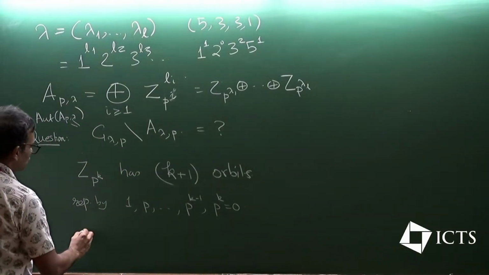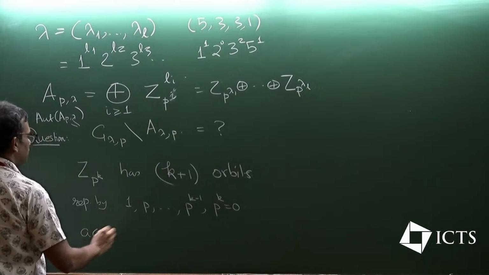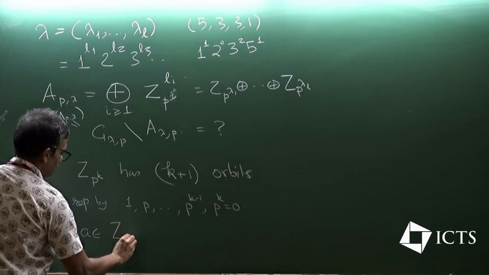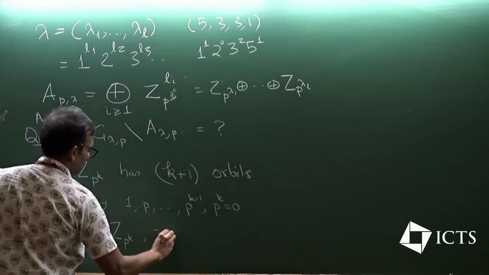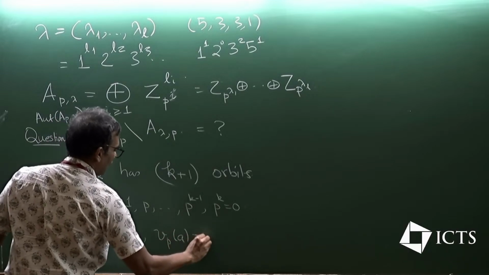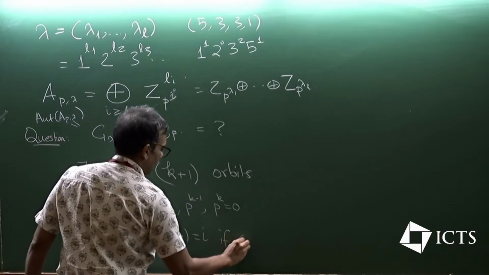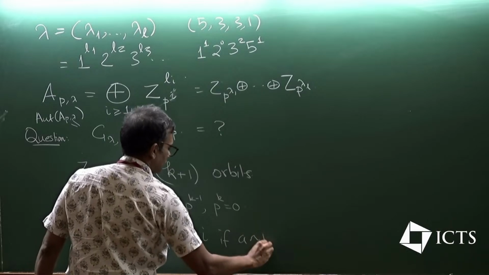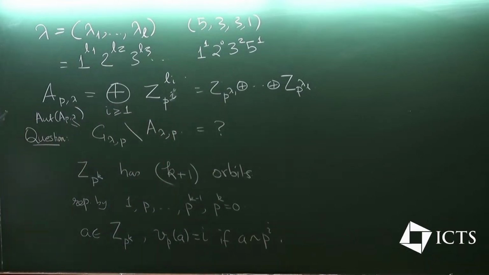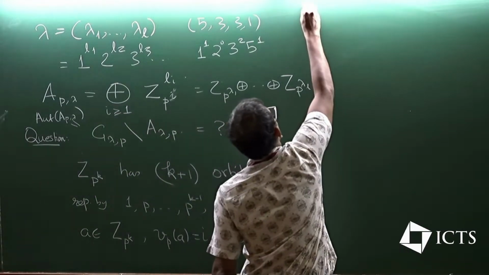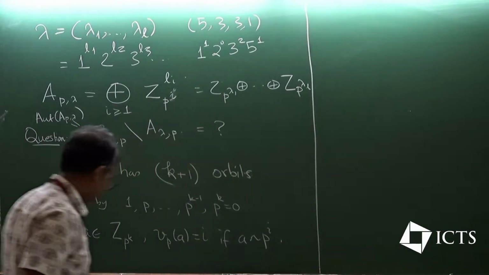Given a in Z mod p to the k, I'll say that v_p(a) is i if a is in the same orbit as p to the power i. That's just the p-adic valuation, so to speak.